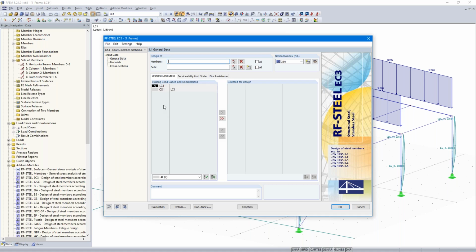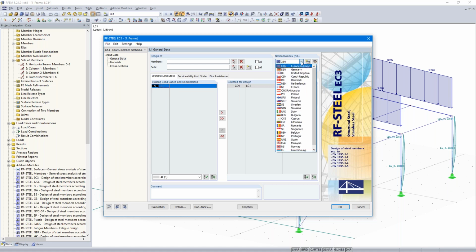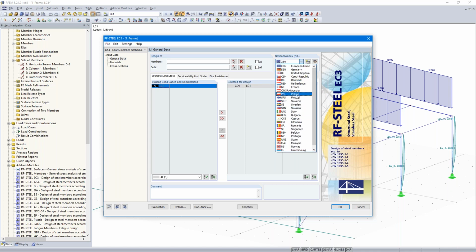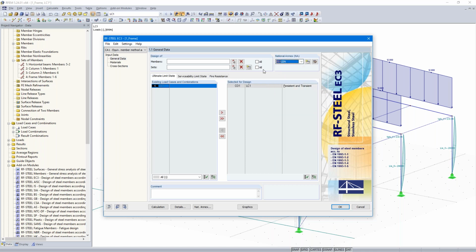Okay. I select the load combination 1, and I choose here the general settings of the European standard, not any of our national standards, meaning CEN.